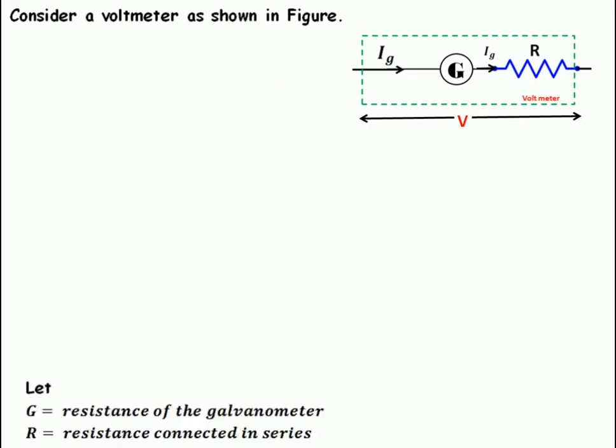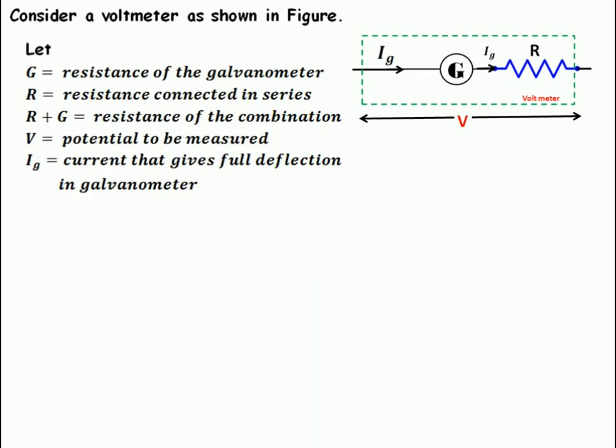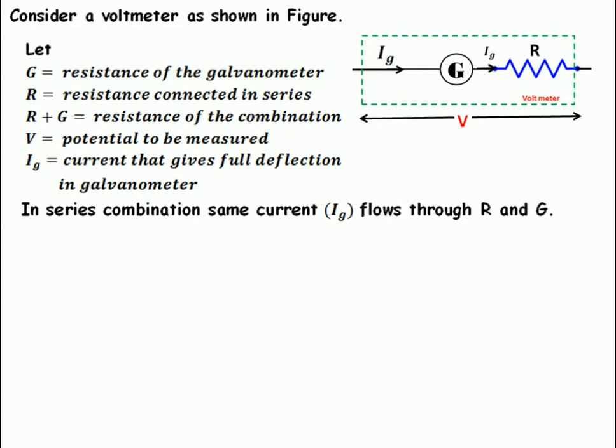Now I am considering the figure: G is the resistance of the galvanometer, R is the resistance connected in series, R plus G is the total resistance of the system, V is the potential difference to be measured, and Ig is the current that shows full deflection for the galvanometer. And we know in a series combination the same current flows through both the resistors.